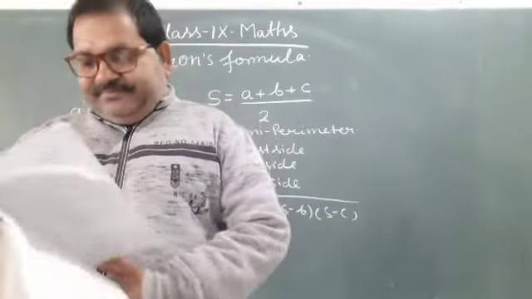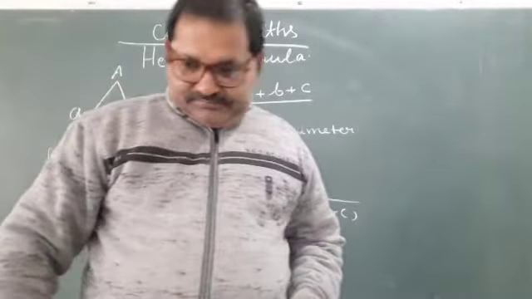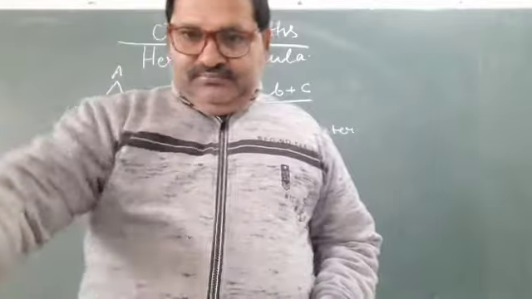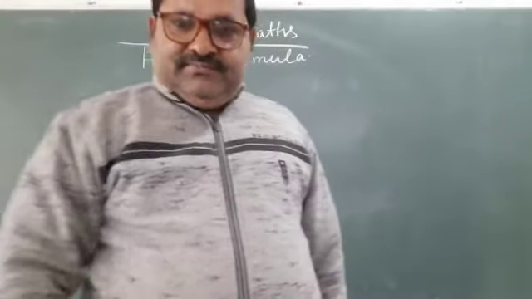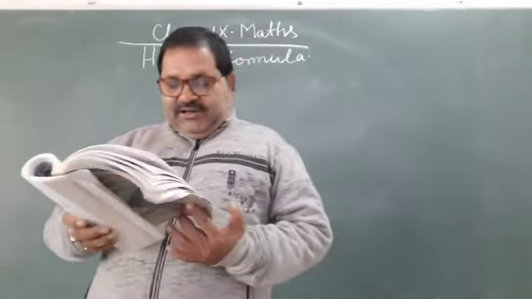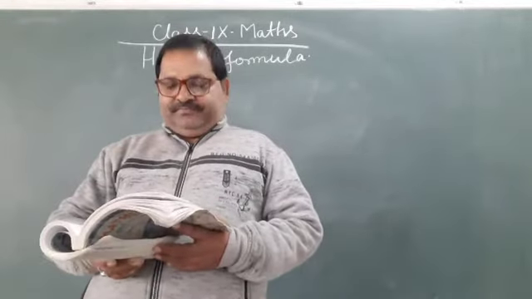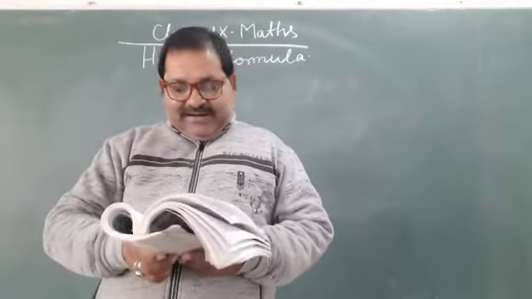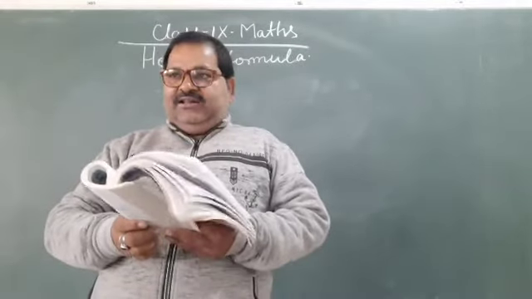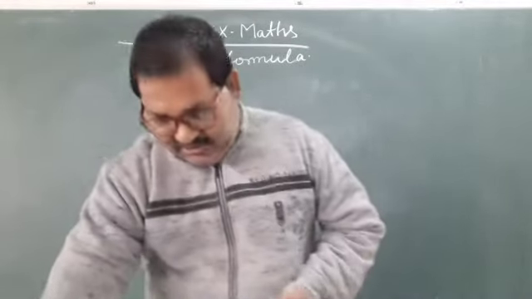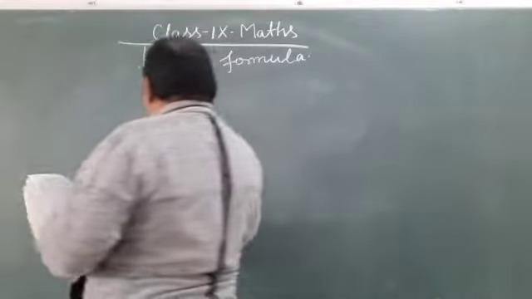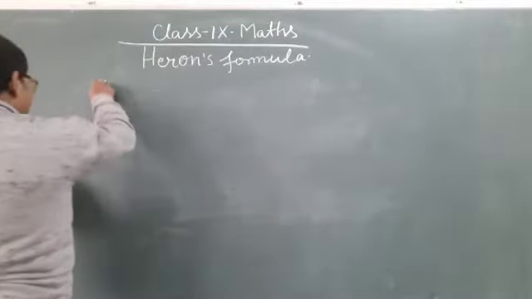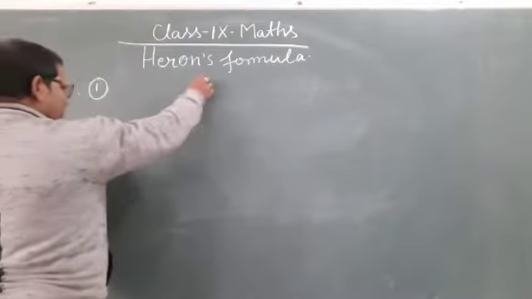Question number 1. A traffic signal board indicating school ahead is an equilateral triangle.